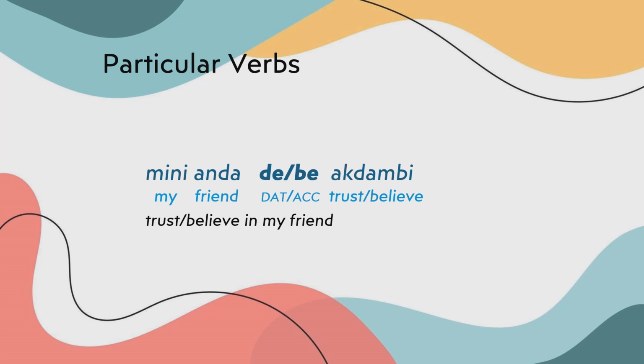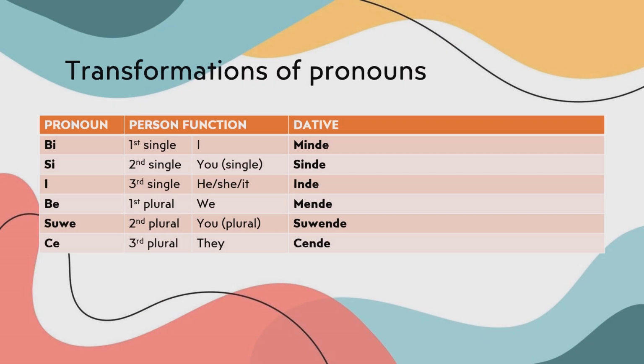Both mean to trust or believe in my friend. These kinds of verbs are actually plentiful. But unfortunately, there is no rule or cue to tell you which verbs are so. You have to discover and memorize them individually, one by one, in future studies, by yourself.